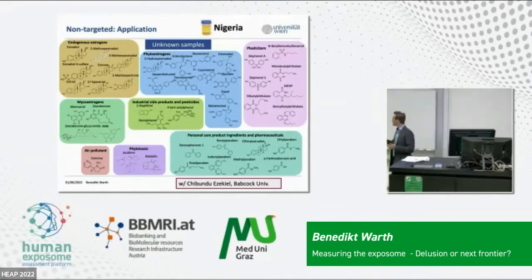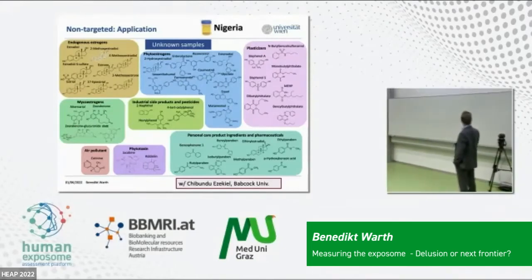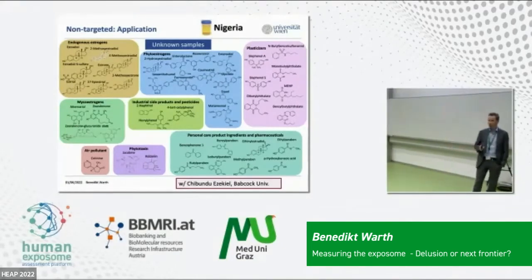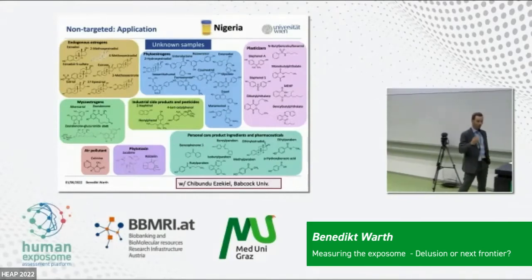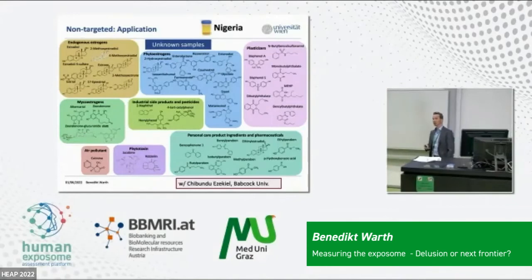We found some toxins, like plant toxins here, the jacobin and retrorsine, that have hardly been found in any biosamples so far. You would also not expect them in our diet very frequently, unless you're drinking a lot of herbal tea, but otherwise, we should be protected from them over here.